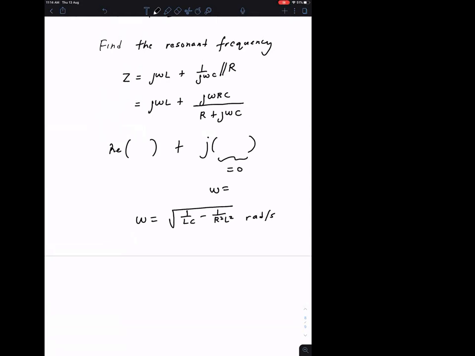Yes, conjugate. R minus j omega C, multiply by the conjugate top and bottom. The reason for multiplying by the conjugate top and bottom is that when you do that, the denominator becomes real.